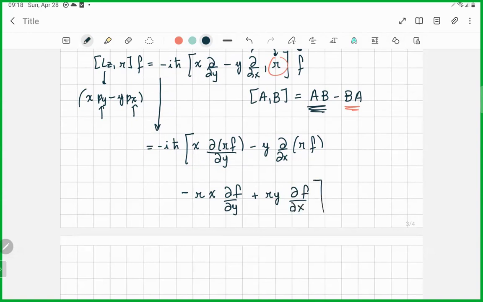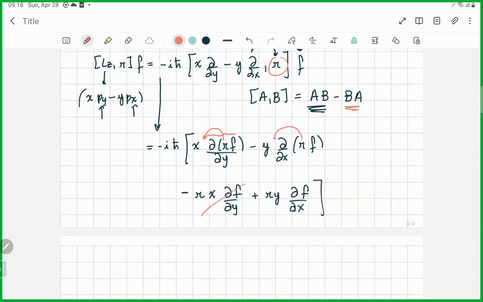Okay, very well. What is going to survive in this story? Look, when you take this r, when you're doing this derivative and you take the r out, the derivative that survives in f will cancel this one. And the same thing with this.